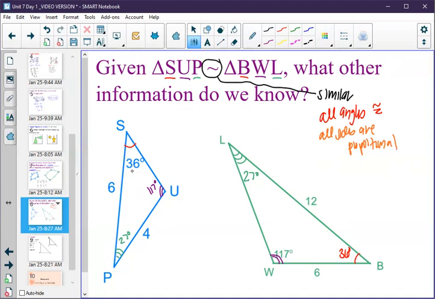So for instance, if I'm looking at side SP, so if I'm looking at this side right here, I know that this is 6. And I'm looking up here, I know SP, first and last, has to correspond with BL, first and last. So BL right here.